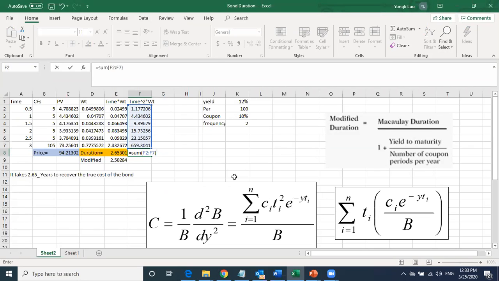Then you calculate the convexity. Convexity is equal to the sum divided by the bond price.